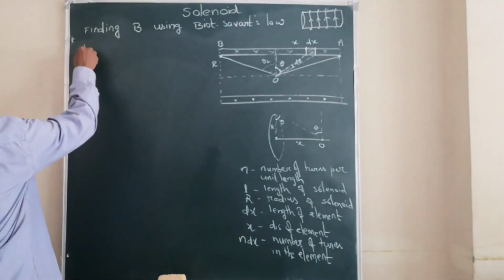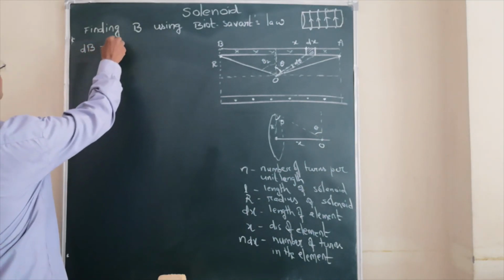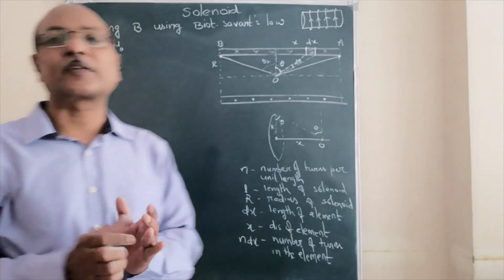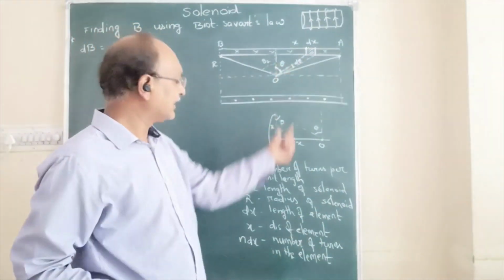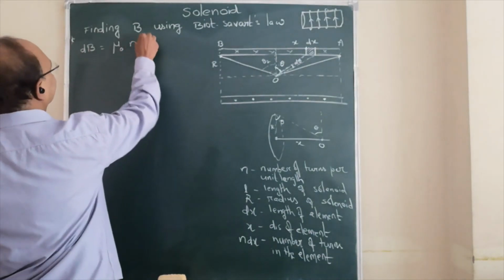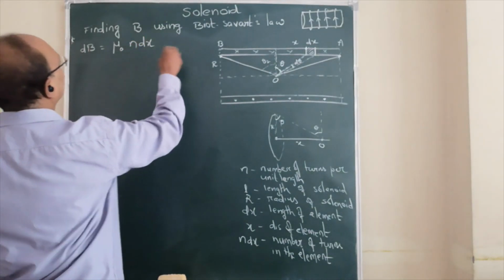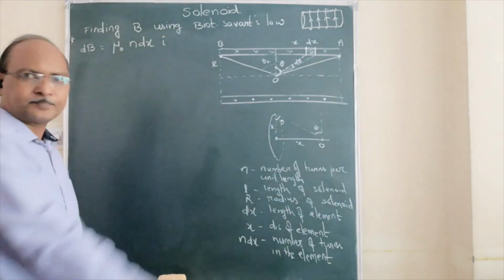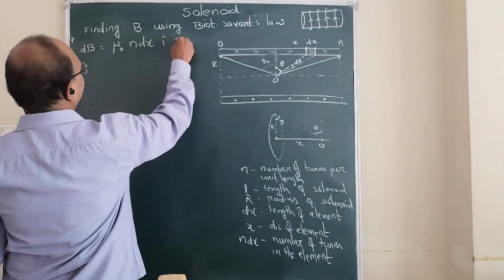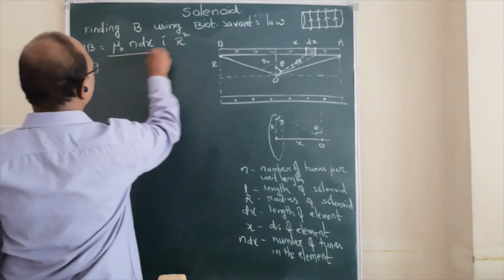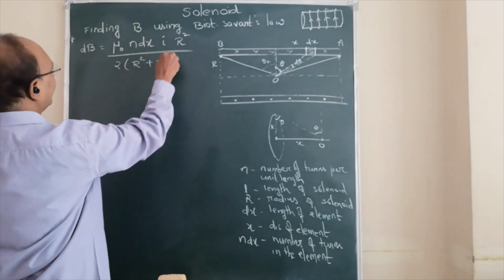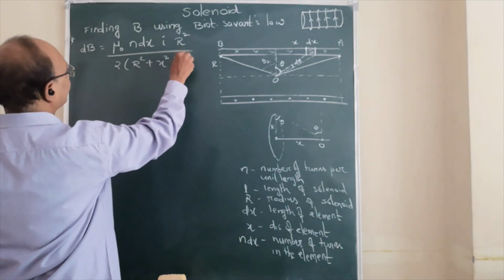dB is equal to mu naught, the number of turns in this element will be n dx, current is I, radius is r, so r square by 2 into r square plus x square to the power of 3 by 2.